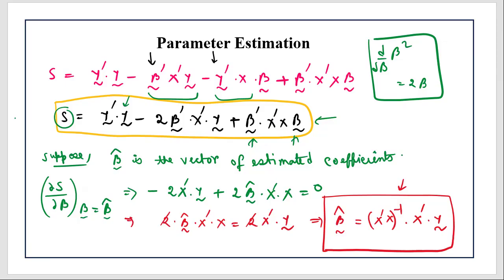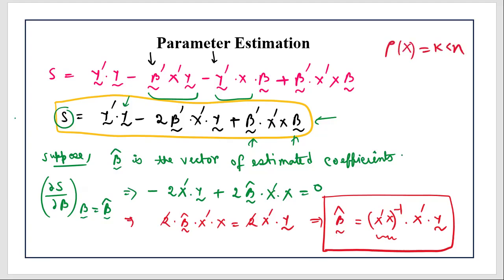Now you can ask me how do you ensure that this inverse will exist? Can you tell me how we can ensure this? We have given the explanation in the previous class. If you remember, I said that one of the assumptions of the multiple linear regression model is that X should be of full rank. We described this in the previous class. If you haven't watched it, I would recommend you to see that.